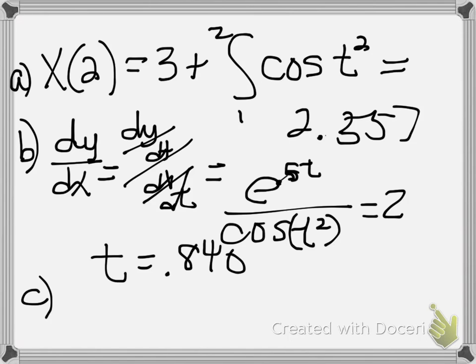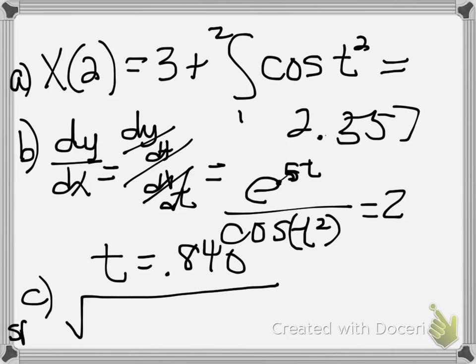Part C. Speed. Find the time at which the speed of the particle is 3. Speed, according to the definitions I gave you in the formulas, is the square root of dx dt squared plus dy dt squared. Its speed is the magnitude.